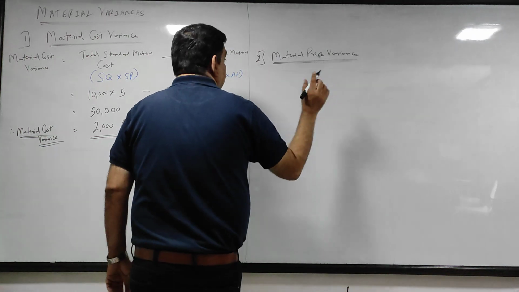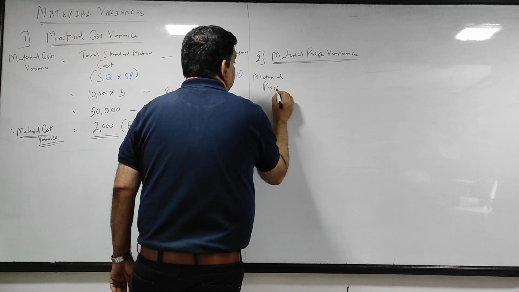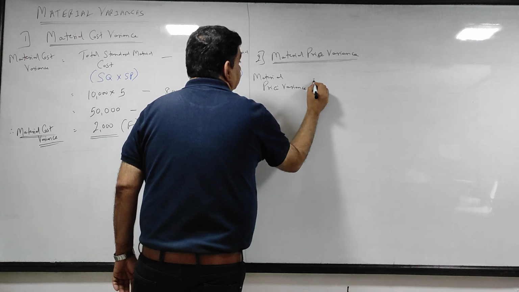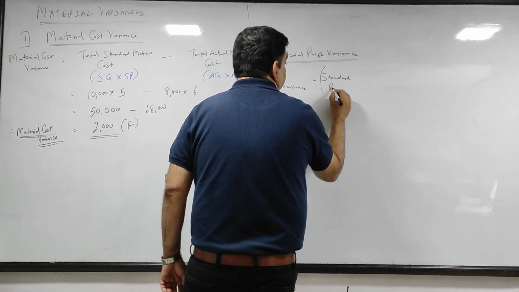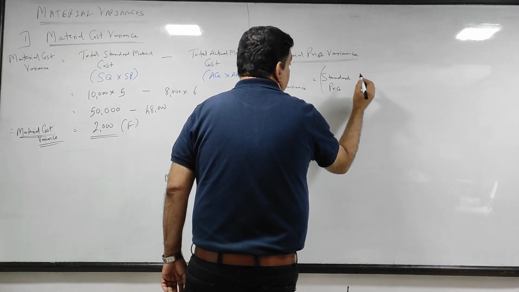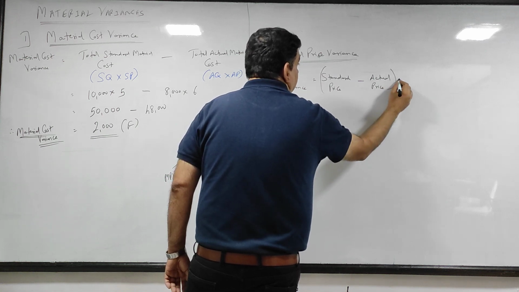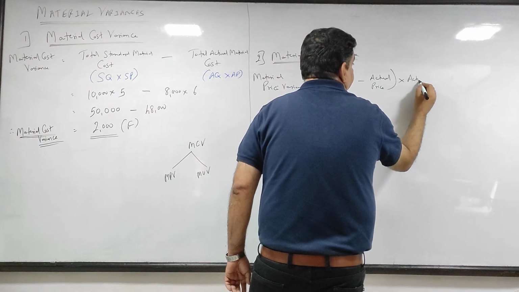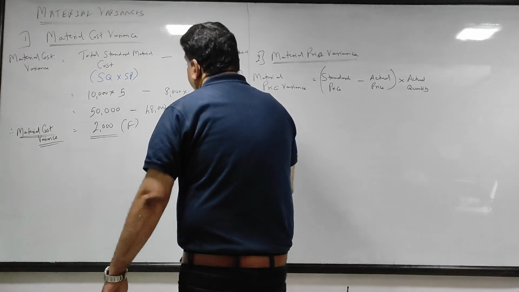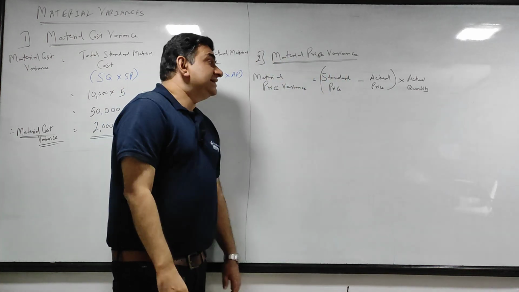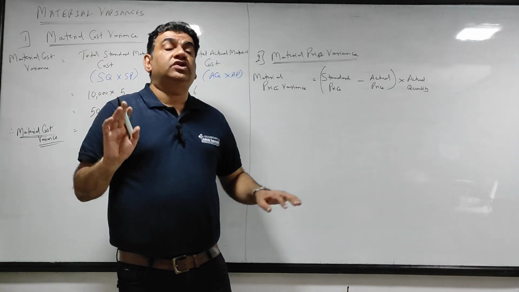Now, the formula here is: material price variance is equal to, you will put a bracket, standard price minus actual price, into actual quantity.